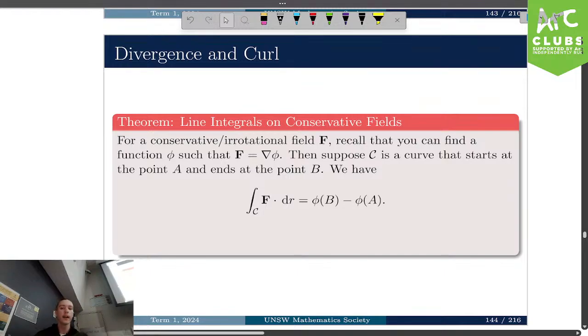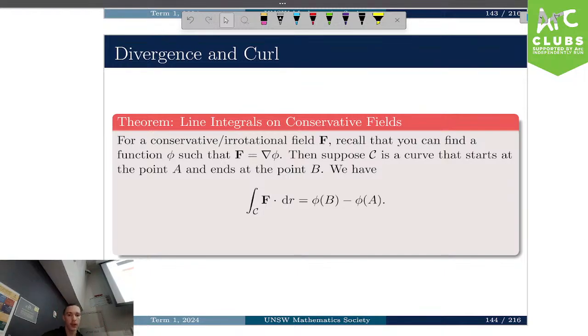So if we take the line integral of a conservative field, we have this really nice theorem called the fundamental theorem of line integrals, or fundamental theorem of line integrals on conservative field, whatever you want to call it.